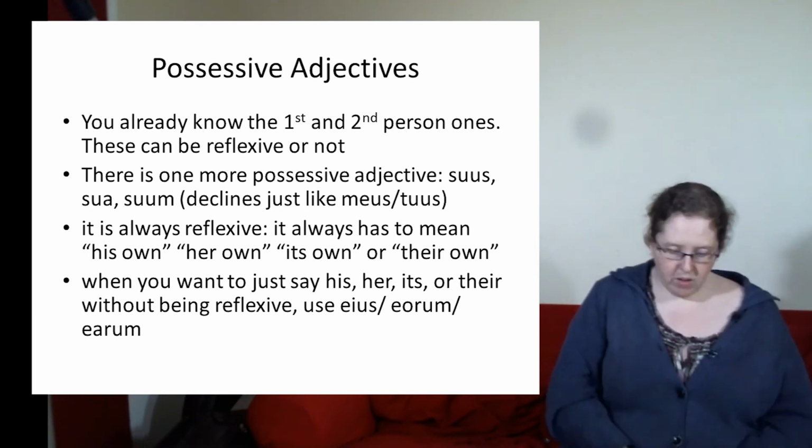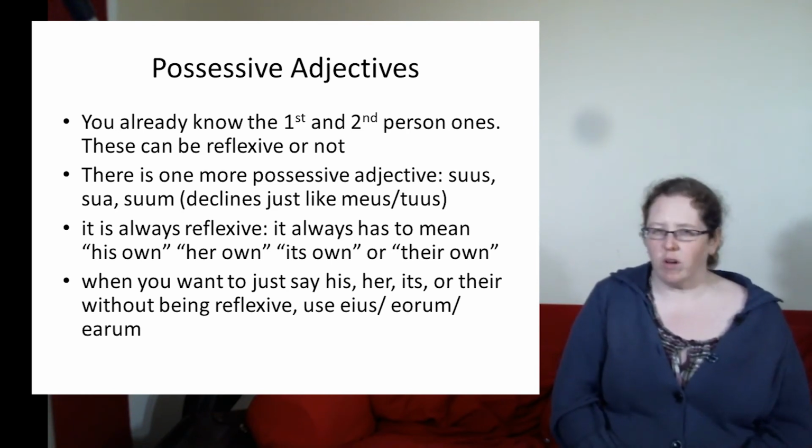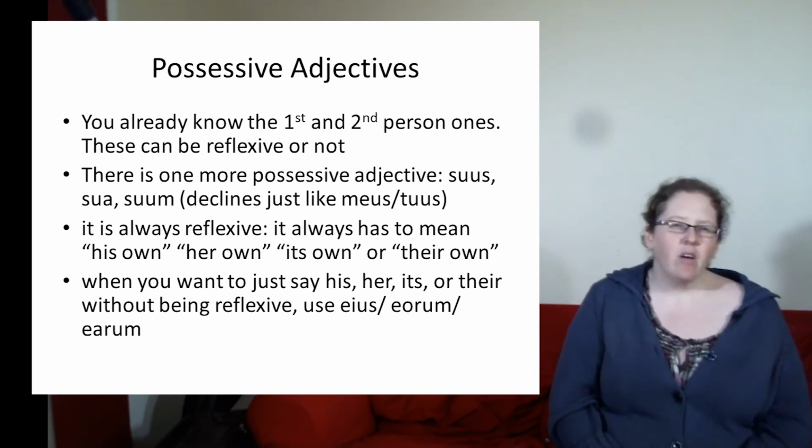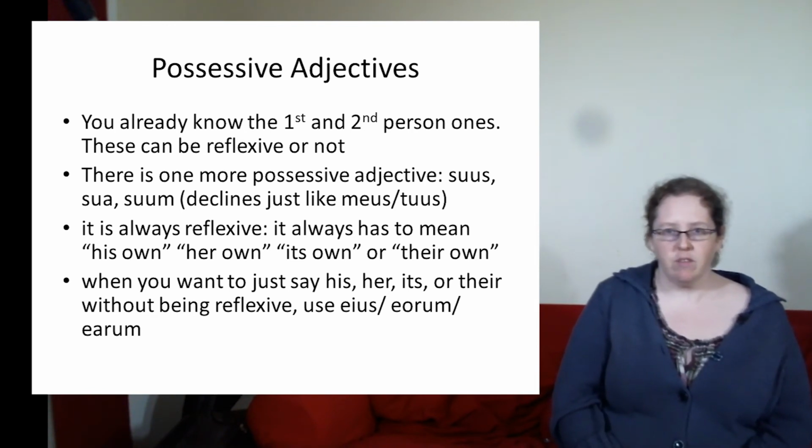Those possessive adjectives can be reflexive or not. What does this mean? Okay, so remember back at the end of last term, we learned about reflexives. We learned about the difference between saying I like him and he likes himself, or I like me.